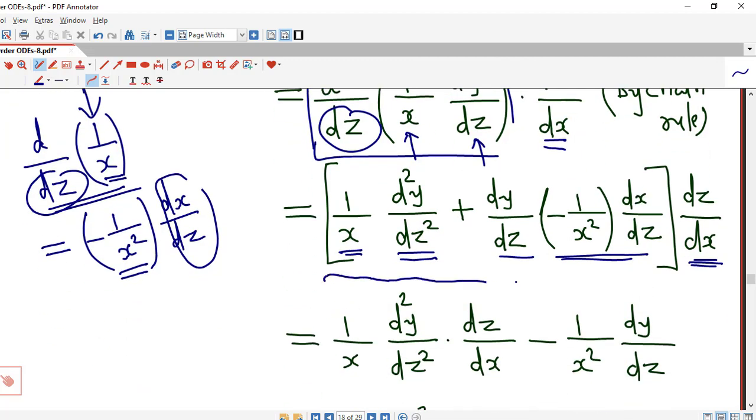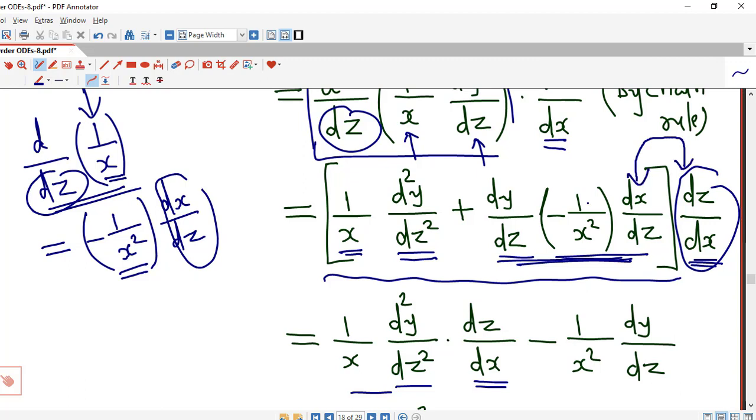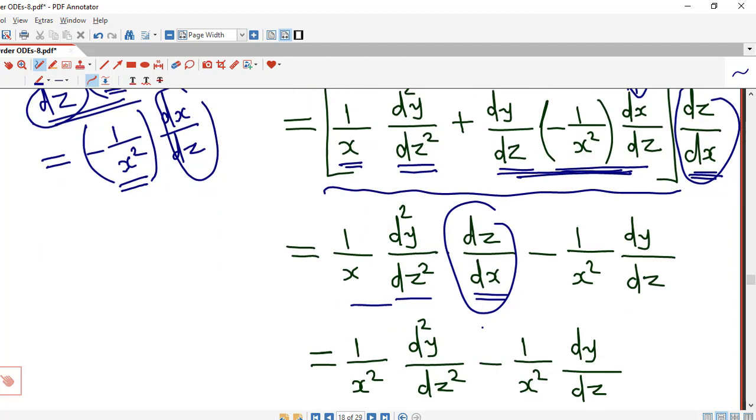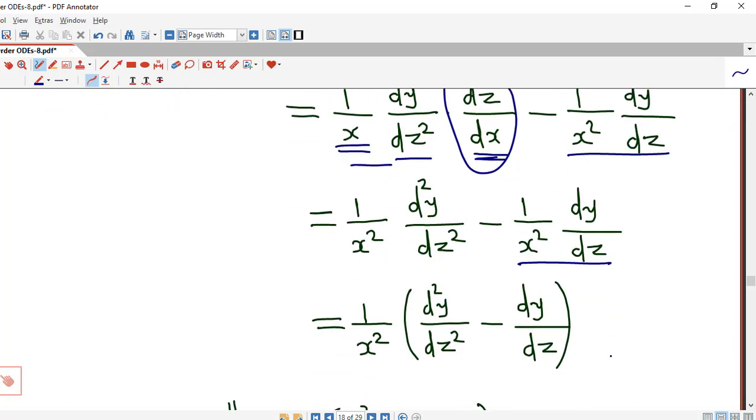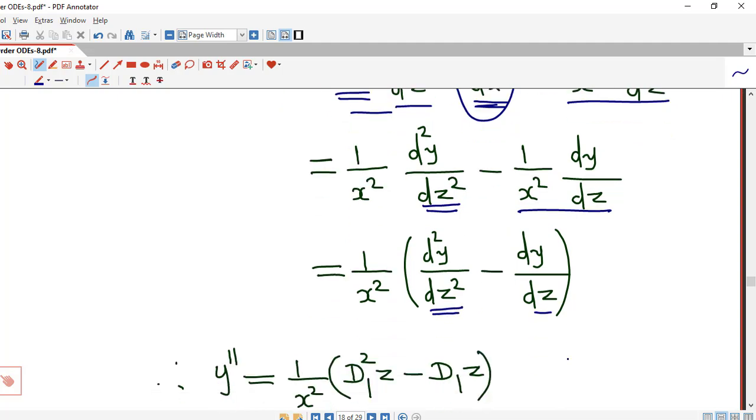Then we multiply this whole bracket with dz by dx. So 1 by x d square y by dz square into dz by dx, and if we multiply this with dz by dx, this will cancel each other, and we have minus 1 by x square dy by dz. Then we substitute dz by dx equal to 1 by x. So 1 by x into 1 by x, 1 by x square d square y by dz square, and this is as it is. Now we can take 1 by x square common, so we have d square y by dz square minus dy by dz.